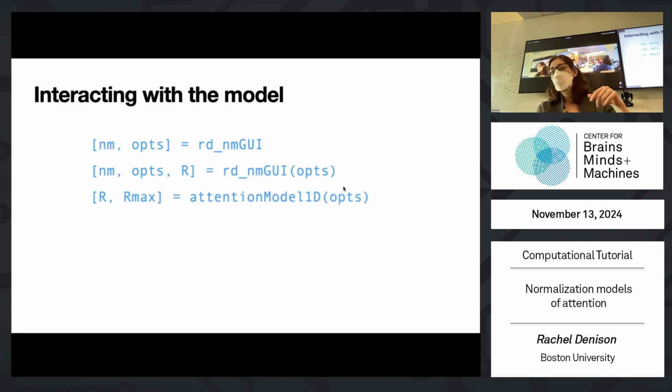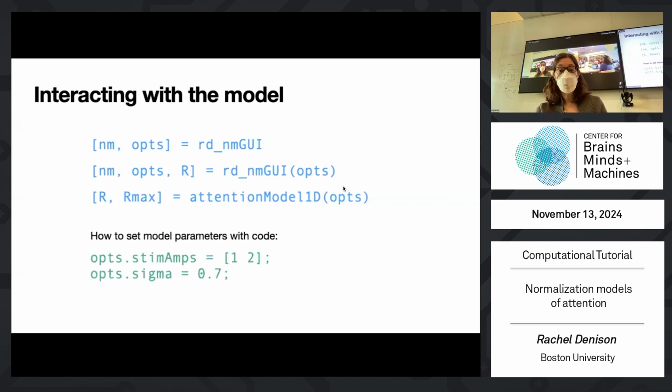They have a 2D model with space and feature, and I'll show you that, but what I've done is just taken a 1D space slice through this model to make it easy to visualize and play with. You'll notice there's a bunch of figure generating functions in this folder. That's all from their original normalization model of attention paper.